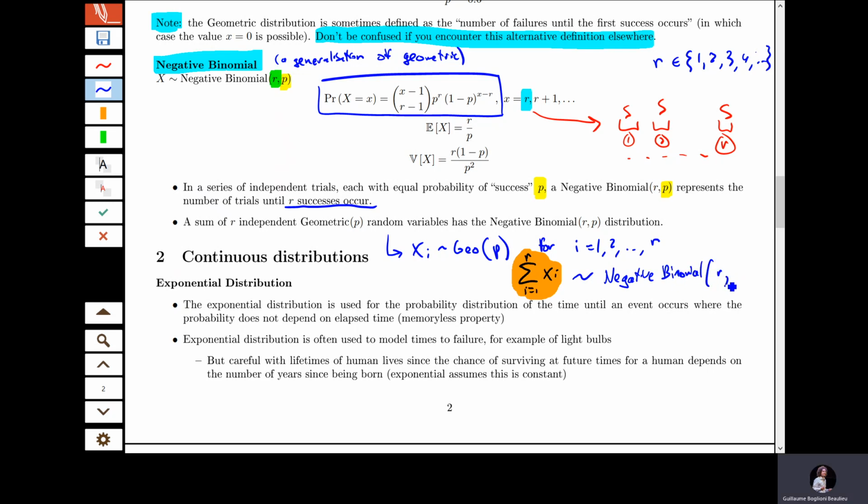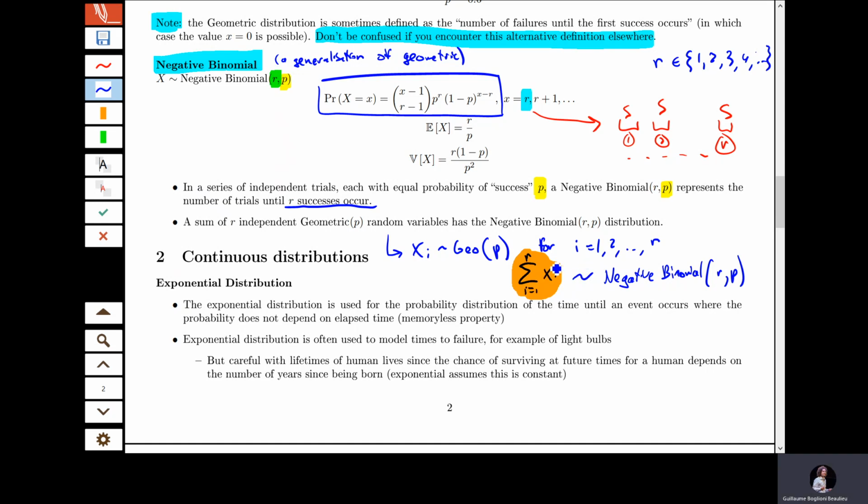You can prove this mathematically, but in words, think about it. The first X counts how many trials I need for the first success. Then the second X counts how many trials are needed for another, independently obtained, number of trials until a success. So if I sum X1 plus X2, what do I get?